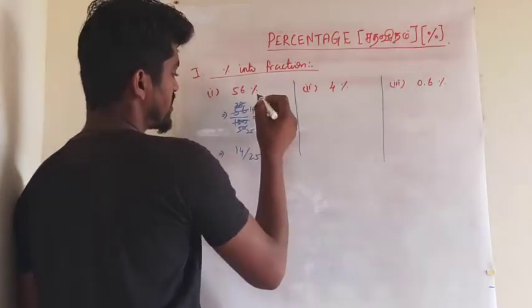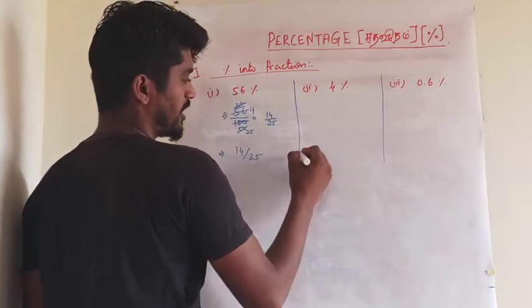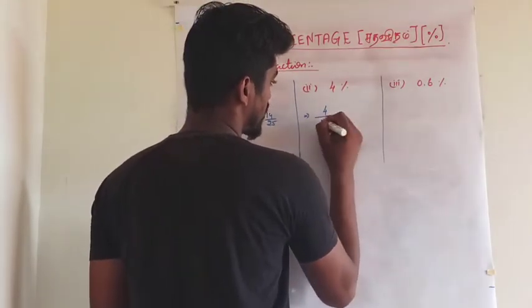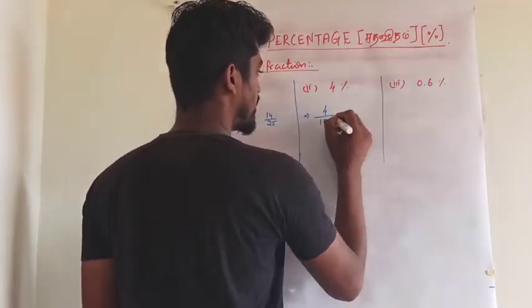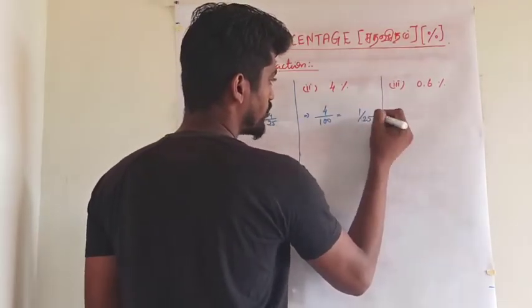So 56 percent can be converted into the fraction 14 by 25. Then 4 percent, divided by 100, the value is 1 by 25.